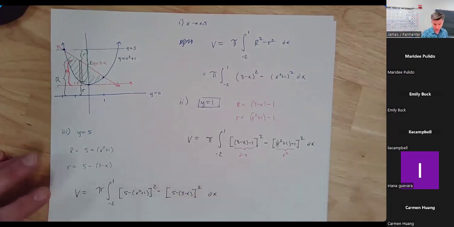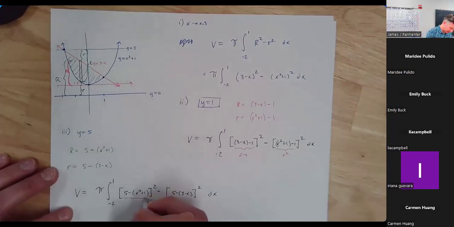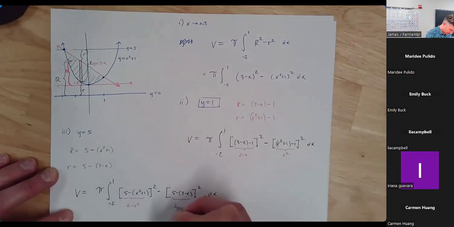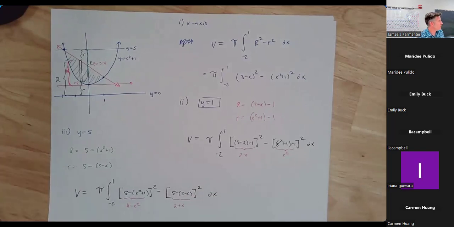Again, I don't think it's particularly good to simplify these, but if you wanted to, you could certainly write this as 4 minus x squared quantity squared, and this one as 2 plus x quantity squared. But I don't think you need to do that unless he specifically says you need to do that.